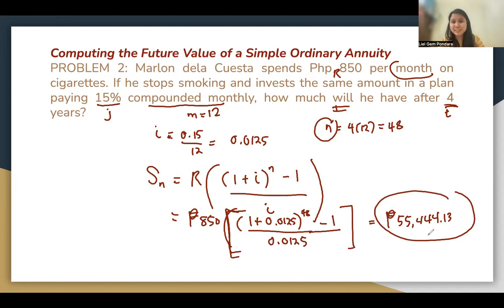You know what's my favorite? My favorite is the practical application of the problem. You start saving now. And they say that once you start saving, you need to invest it, not in your piggy banks, but somewhere where there will be an interest rate. It's about Mr. Marlon de la Cuesta quitting smoking and starting to invest.